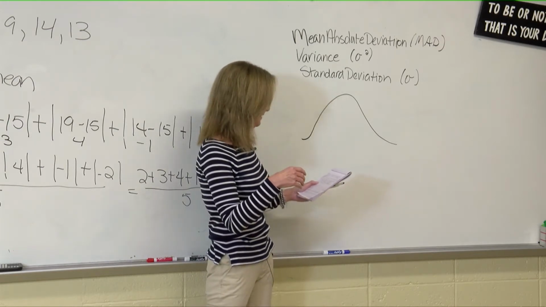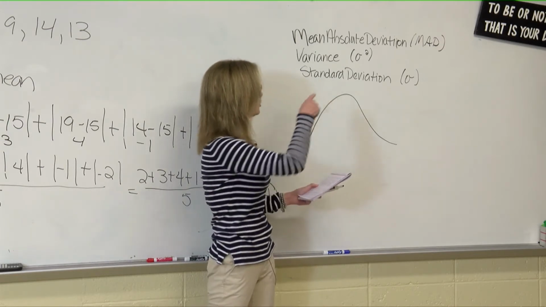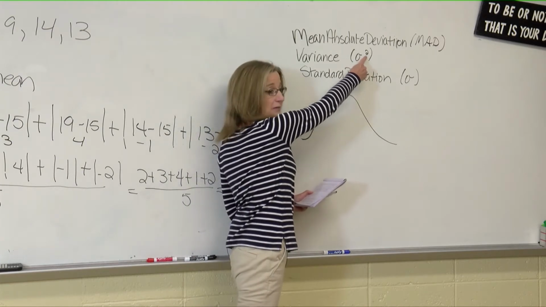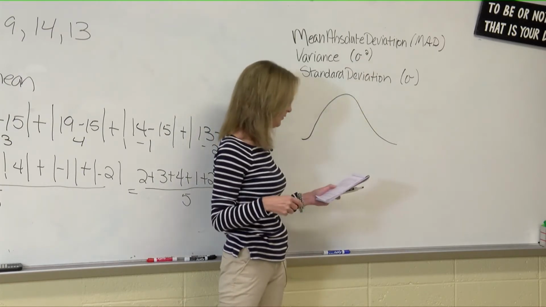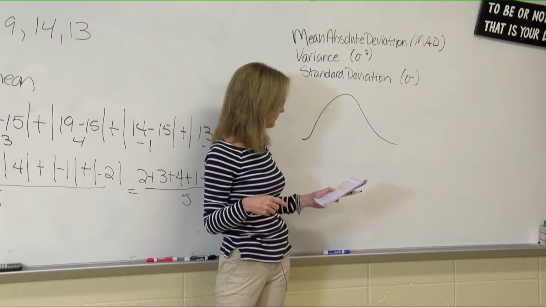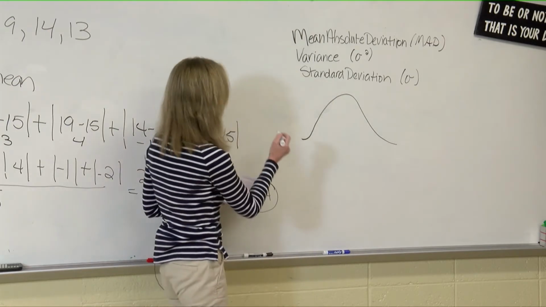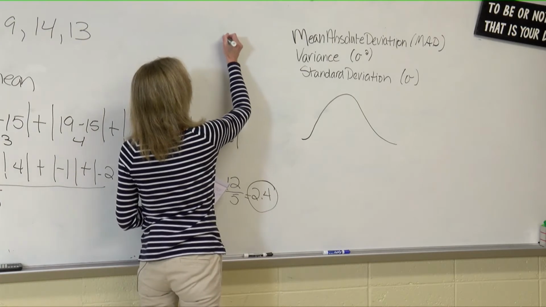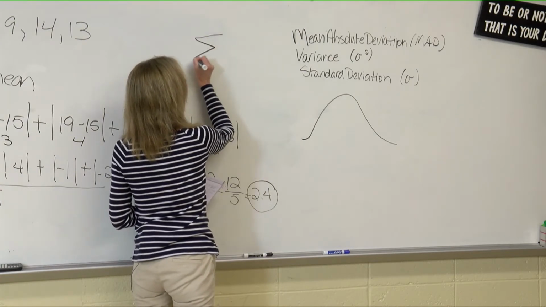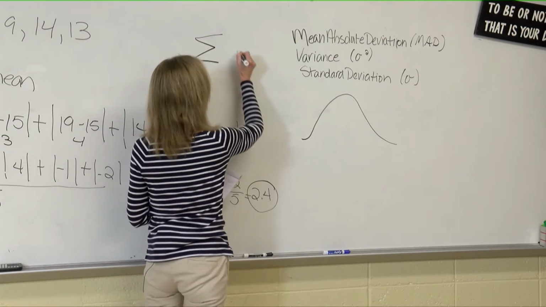And it's the average of the squared distances from each point to the mean, notice it's got the exponent of 2. And you will see it written like this.